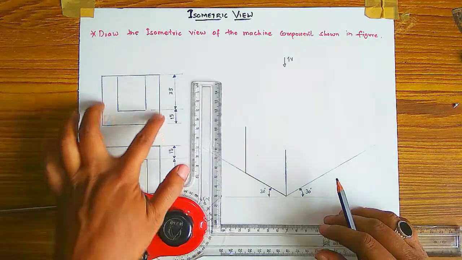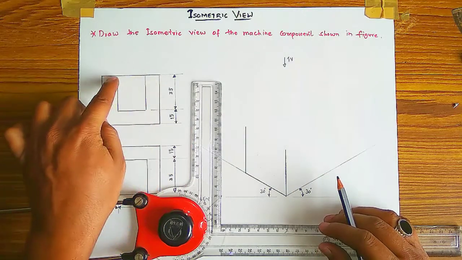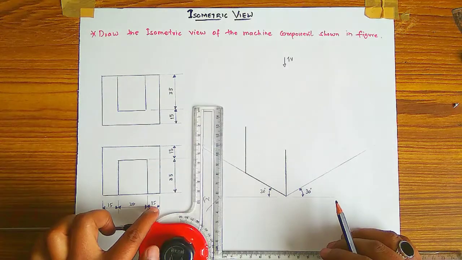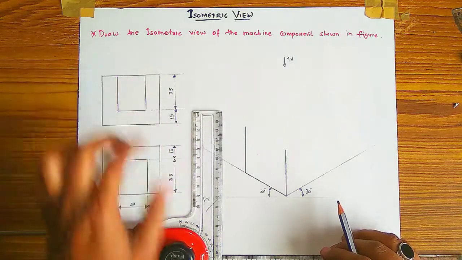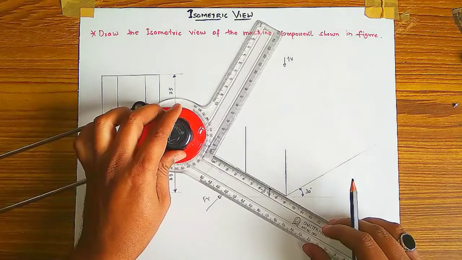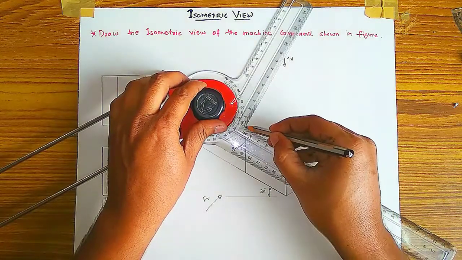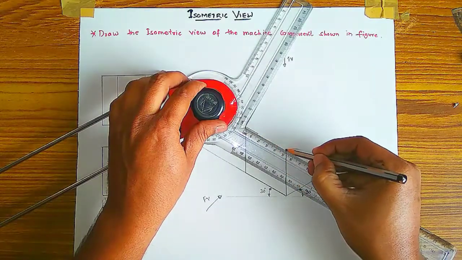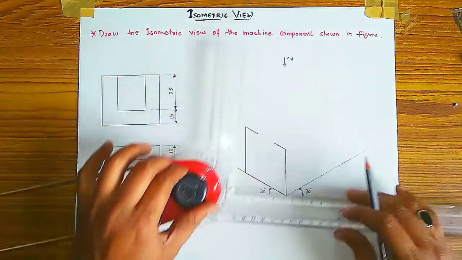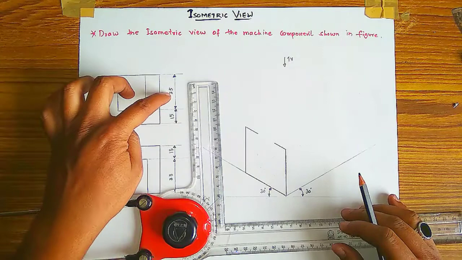After drawing these two lines, how much is the next line? In the top view this is given as 15 mm, 15 mm. So with this 30-degree angle only, we have to draw 15 mm from this end and 15 mm from this end like this. Then this line is 35, 35.